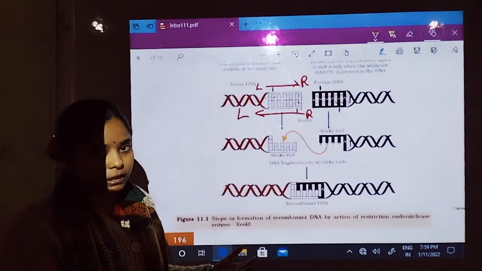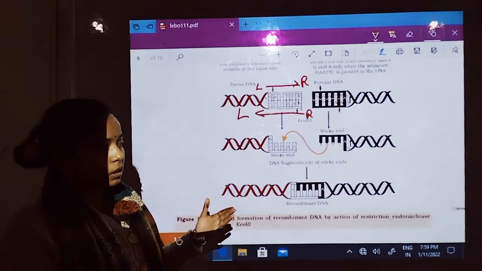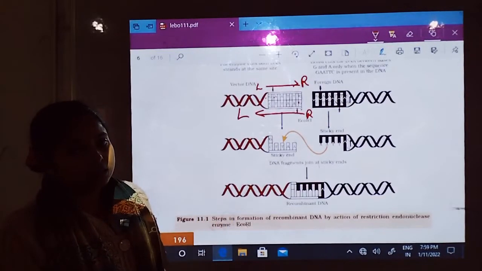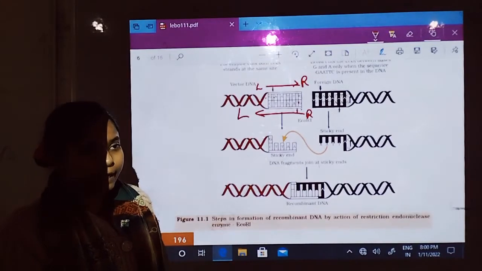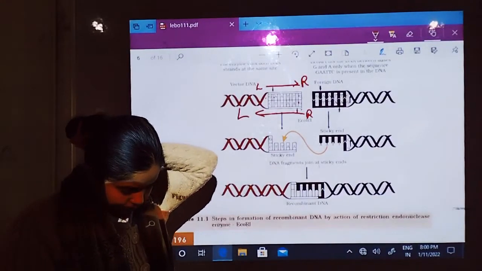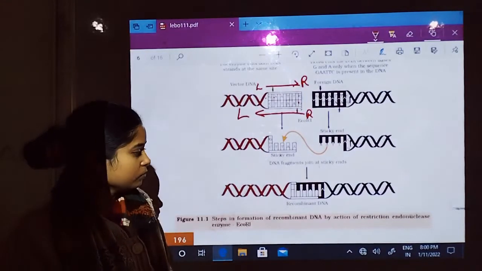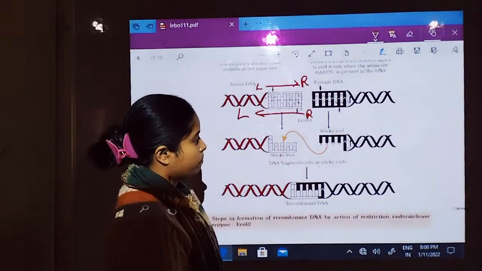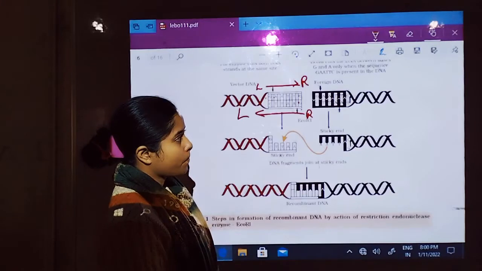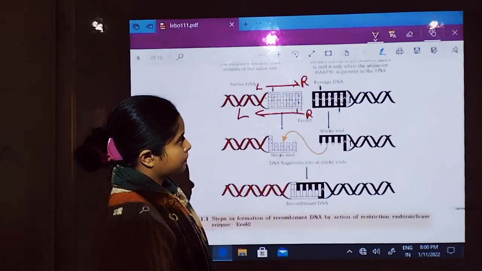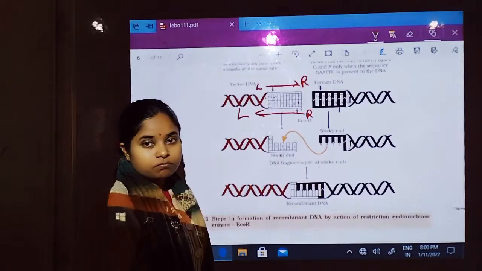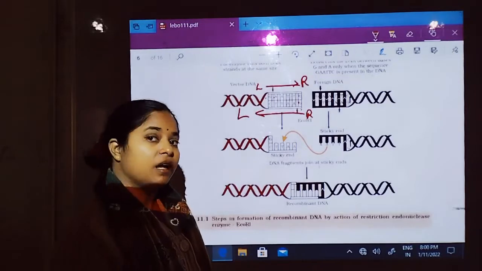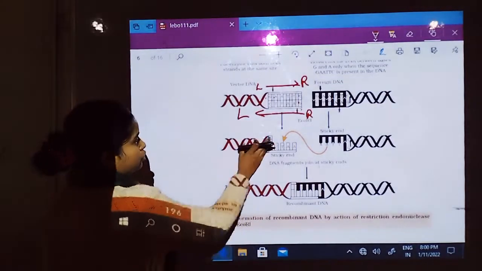If the cutting is not similar in the DNA, it is not possible to ligate both genetic materials at the same position. Now let us discuss the action of EcoRI.